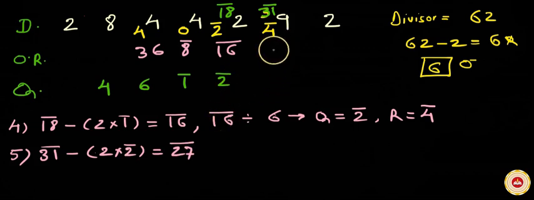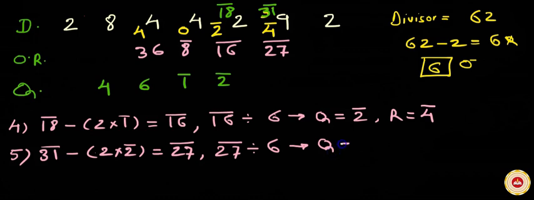Now write this negative 27 as the fourth osculation result. Now divide negative 27 by 6, which gives us quotient 6 fours are 24, that means negative 4, and remainder is minus 3.